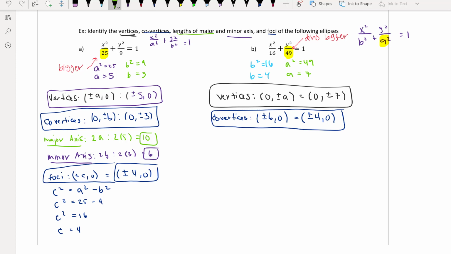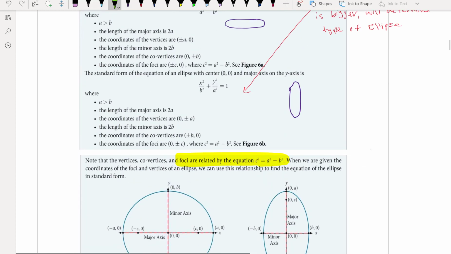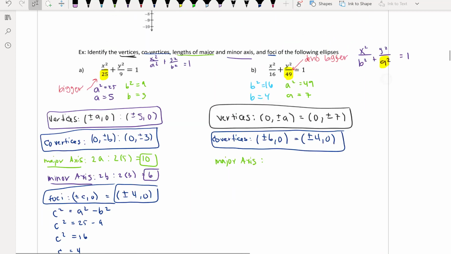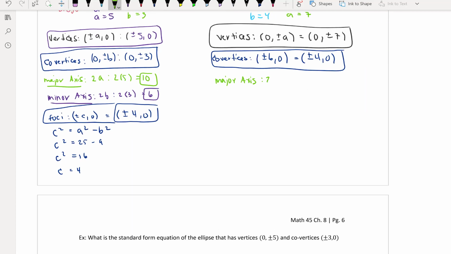And of course, I'm going to be looking at the major axis. I guess I didn't write that down, so let's look at that. The length of the major axis is 2a and the minor is 2b. So that did not change. So I'm going to have this as 2 times my a.